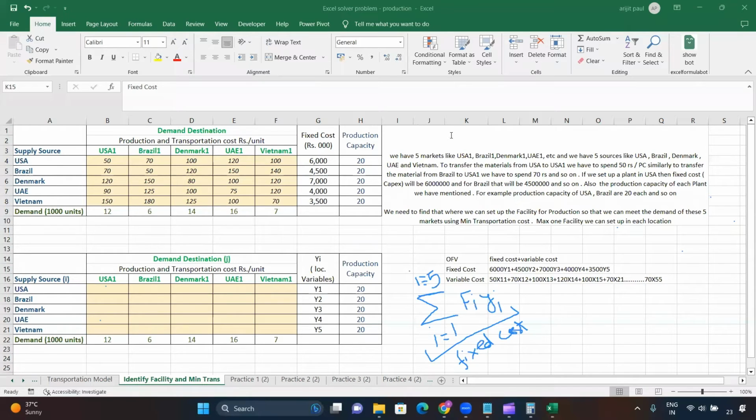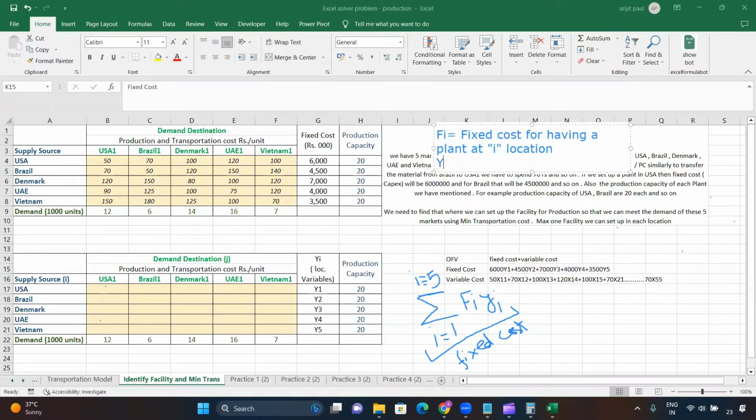What is Fi? Fi equals the fixed cost for having a plant at the ith location.